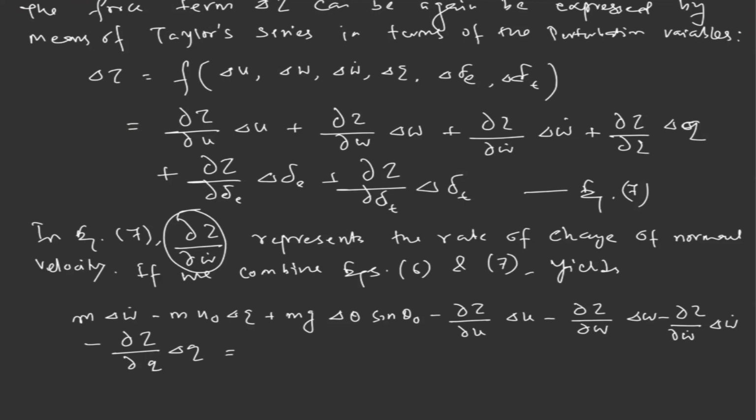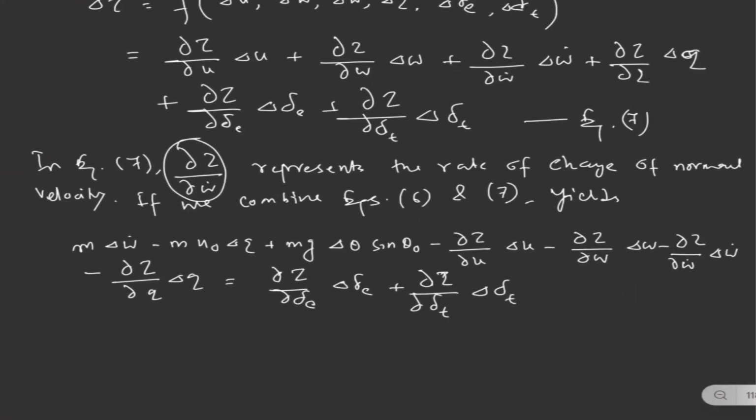So we can write the total control on the right hand side: del z by del delta e delta e plus del z by del delta t delta t. So this is how we can write the expression, the combined equations 7 and 6. Let me define this equation number 8.